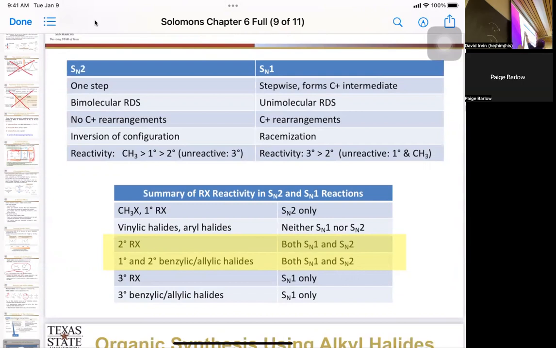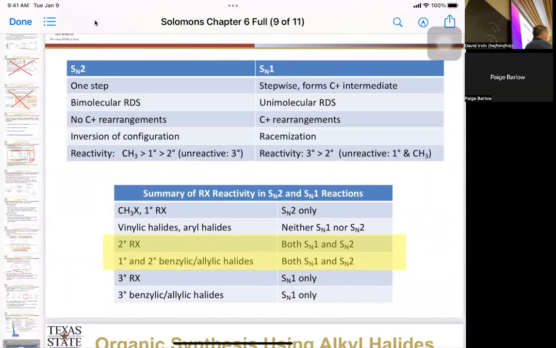In the case of SN2s, you do not get rearrangement. SN1s, you get rearrangement if you can. And there's three ways to do that. Know all three ways to do rearrangement of the carbocation. That means that the smaller the group is, the more likely it is to go through an SN2. The bigger the group is, the more likely it is to go through an SN1.